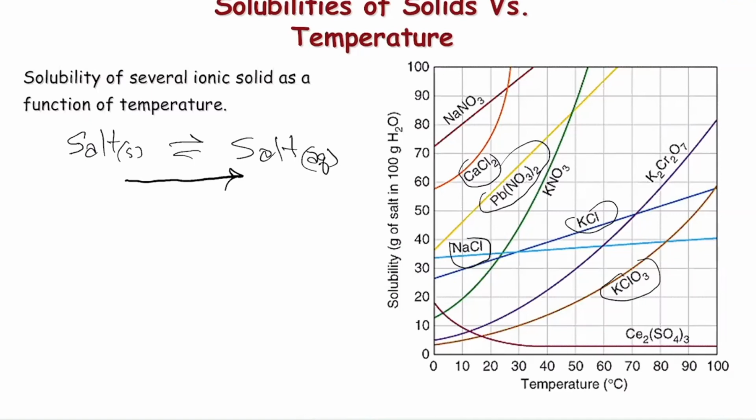Thank you for the response. Okay, I appreciate that. If it was exothermic, then energy would be a product. Okay, energy would be a product. In this particular case, if we apply more heat, then the reaction would shift to the left.